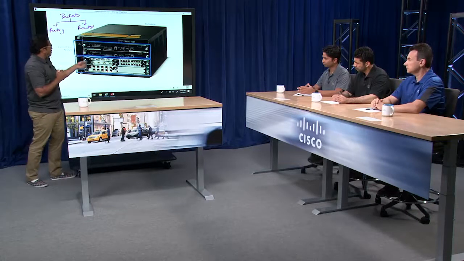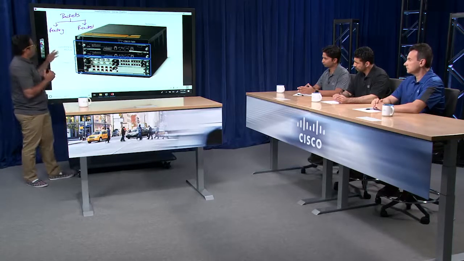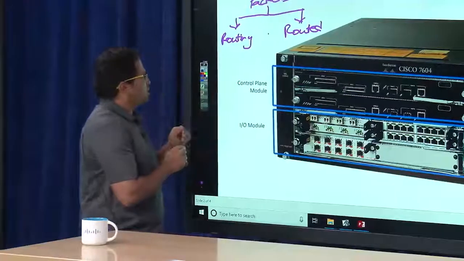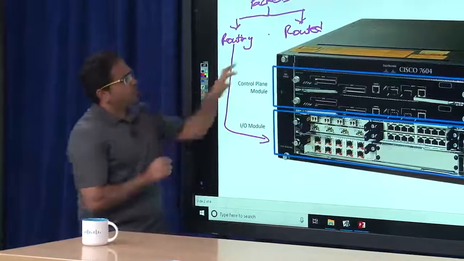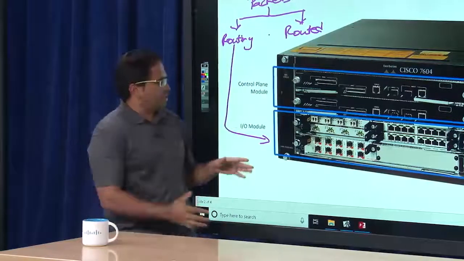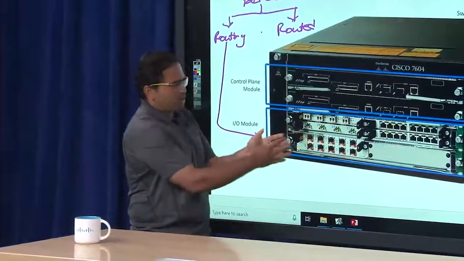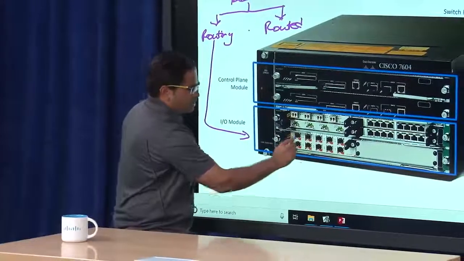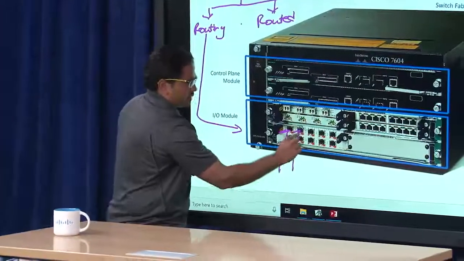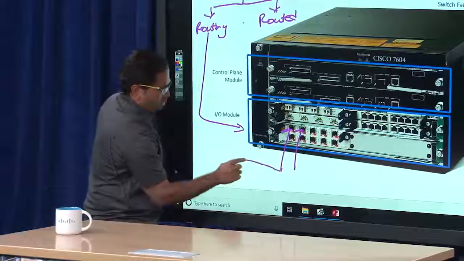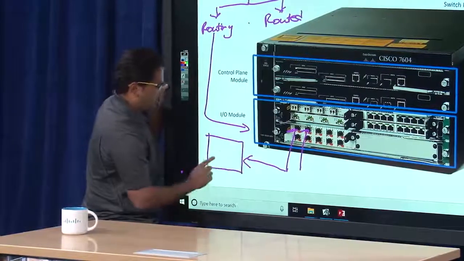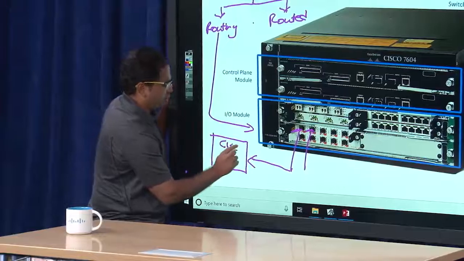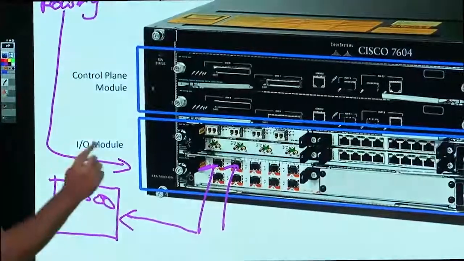Where do they enter the box, and how are they handled is what we'll go into next. So both the routing and the routed packets actually enter the I/O module. These physical ports that you can see in this diagram are the physical ports which are connected to cables that essentially connect it to some other router as well.